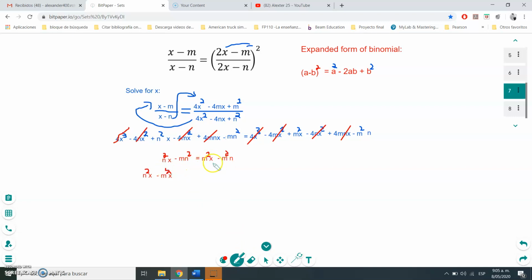Okay, and now the missing terms will stay to the right, so it will be the same terms, the other terms, so it will be minus m²n, and this term comes to the other side positive, so it will be plus mn².